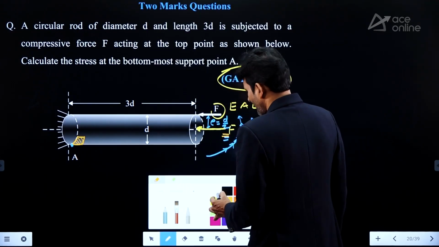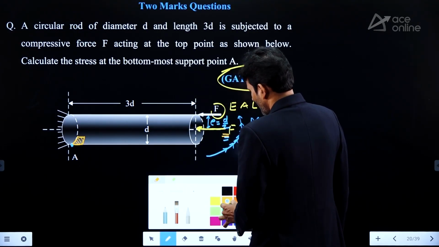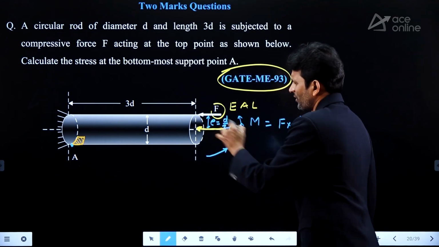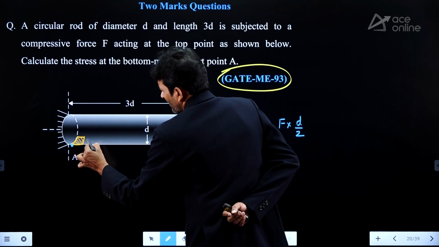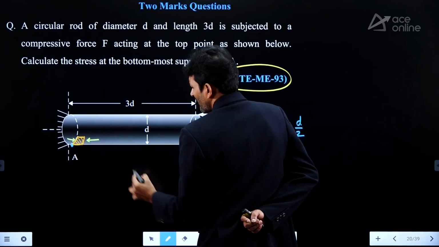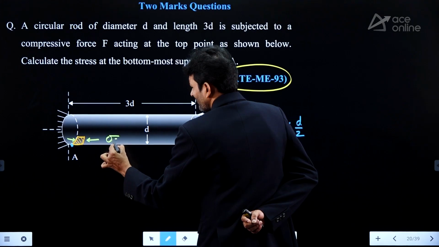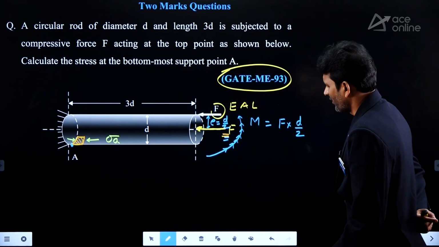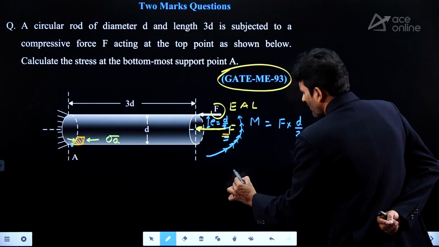What is the nature of axial stress? Is it tensile or compression? Load is compressive load. This is giving compressive nature stress in x direction. Good. This is sigma axial, just I am writing sigma A. Now come to the bending effect. Try to observe the rod.